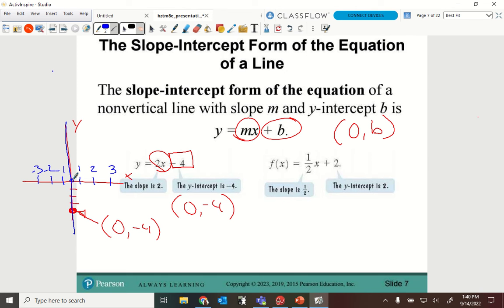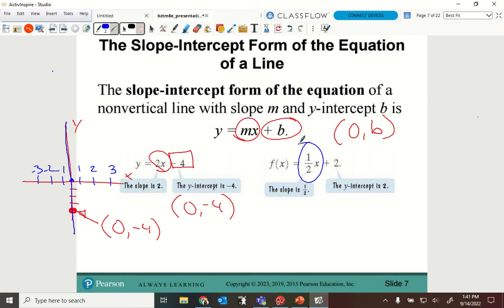So the other part of this says the slope is the number in front of the x, which is going to be 1/2.